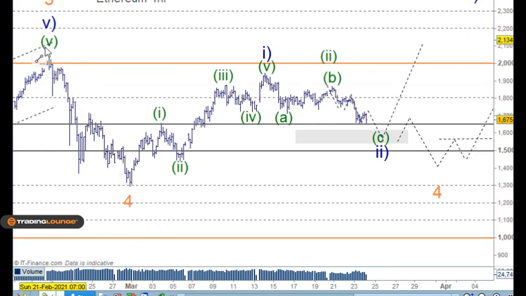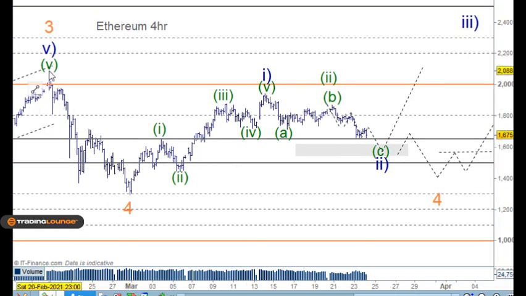So no matter which way we look at it, is this being wave 4 or the A wave here, the important thing here is that this move here is bullish corrective. At some point we're going to be taking that high out.